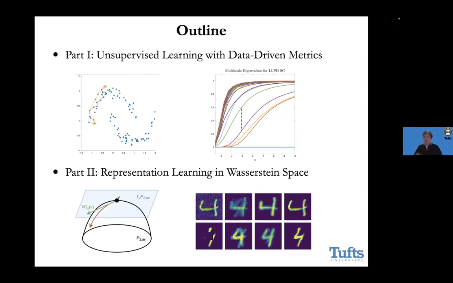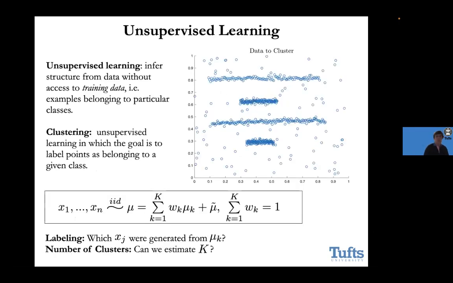The first part of the talk is on clustering with a particular type of data-driven metric that's going to allow us to beat the curse of dimensionality. The problem we want to focus on is clustering. This is essentially machine learning with no labels. One way to phrase this is that my observables are a sample from some probability measure.